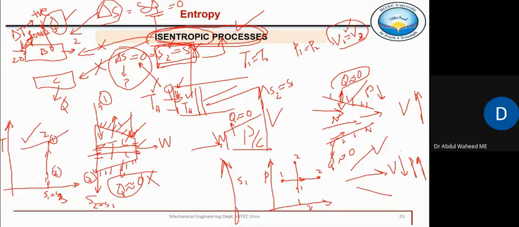Here there was high pressure, this is low pressure. But it is isentropic. Here there was low volume, here high volume. So this is V1, this is V2, this is T1, this is T2, and this is P1, this is P2.